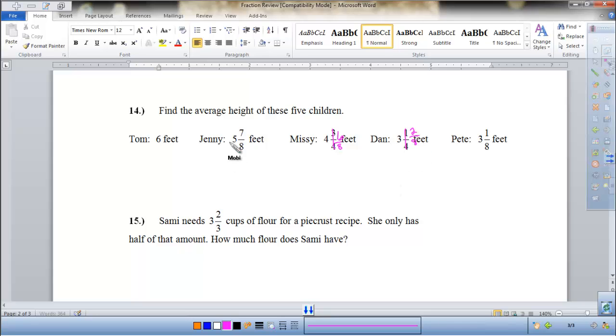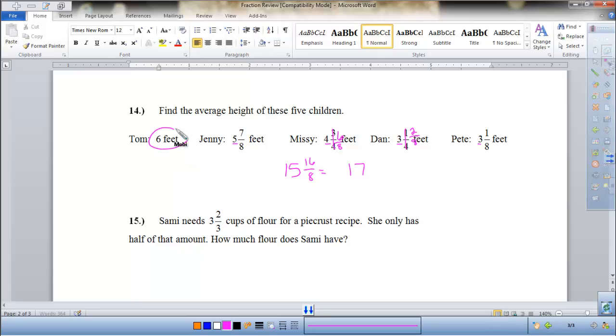So now I can add, I'm going to leave Tom out for a second and go, I have 7/8 plus 6/8 is 13, plus 2 is 15, plus 1 is 16/8. And I have my whole numbers 5 plus 4 is 9, plus 3 is 12, plus 3 is 15, and 16/8. And I know this is 2, so I have 15 plus 2, which is 17.